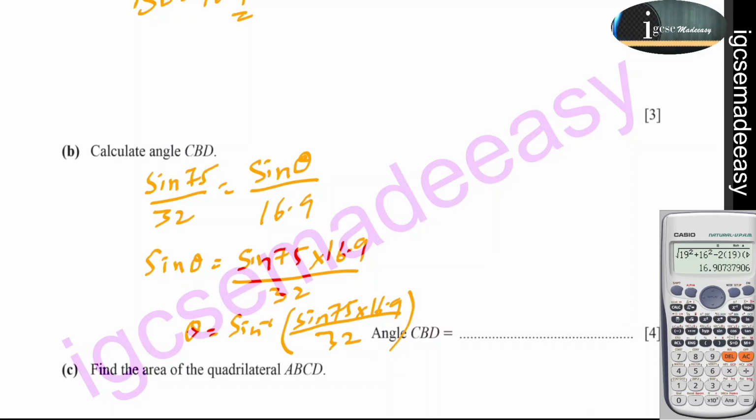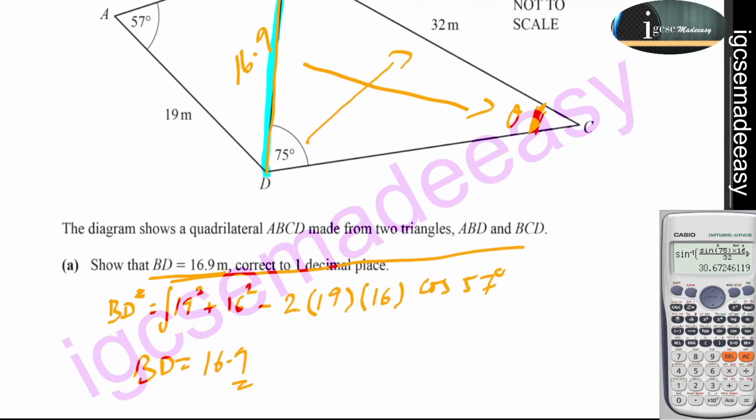Let's use our calculator to solve this. Sine inverse of sine 75 times 16.9 divided by 32, and let's put a bracket. So we got theta is 30.67.